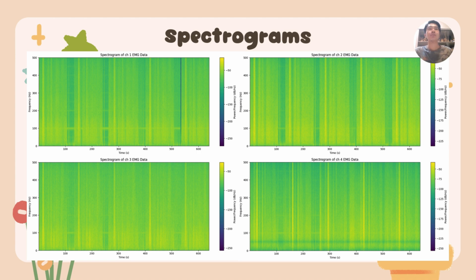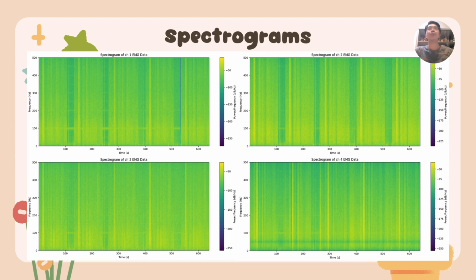The diagram shows the spectrograms of all the four channels of EMG. The x-axis represents time in seconds, while the y-axis represents frequency in hertz, and the color intensity shows the power. Note that most of the energy is concentrated below 200 Hz, which is aligned with the typical EMG frequency range.